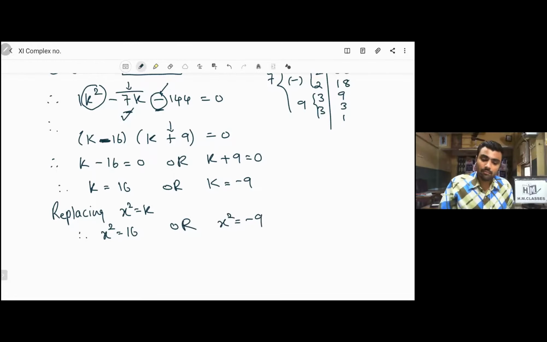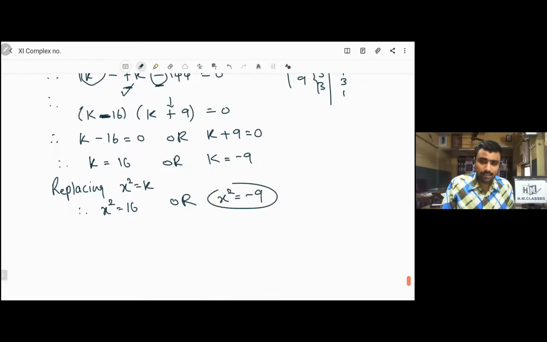Now, since you have got this, you can directly ignore it here, since x belongs to the real numbers, but here we are not getting a real number, and therefore x square is equal to minus 9 is rejected.